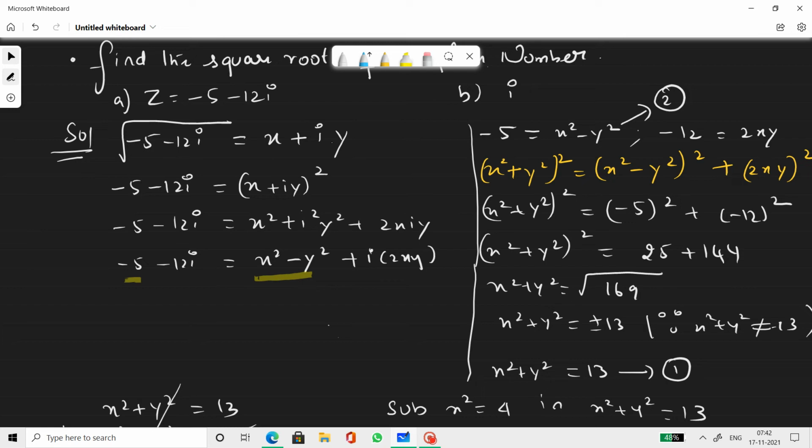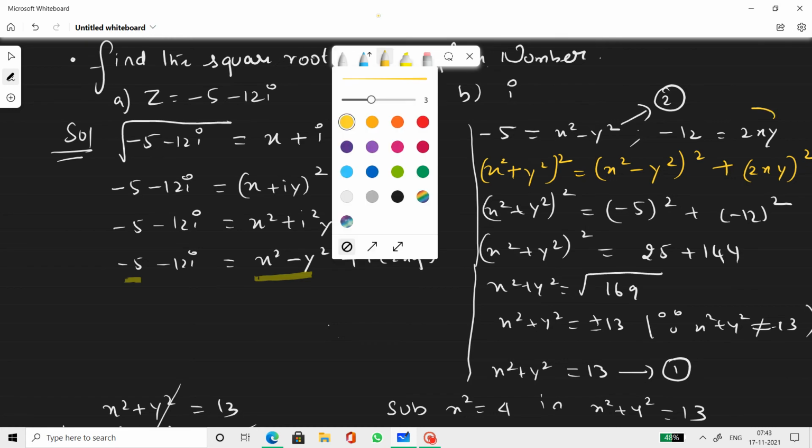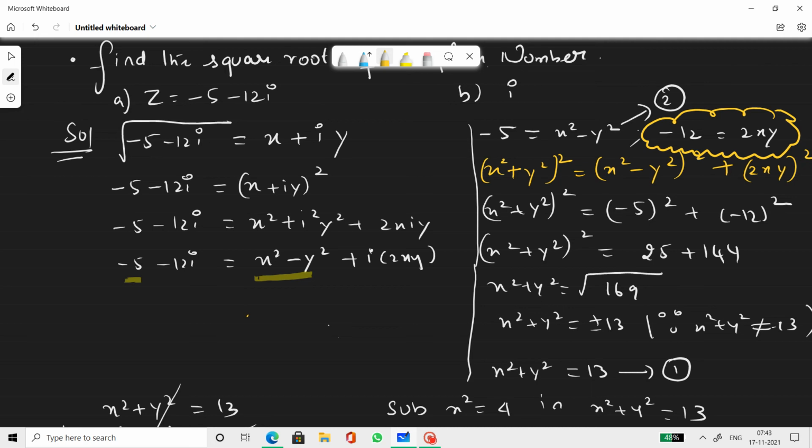This puts us in a dilemma, which x and which y should be taken. For that, you need to look into the 2xy equation. This is the most highlighting part here to conclude the solution. So what do you see? You see the 2xy statement: 2xy equals minus 12.